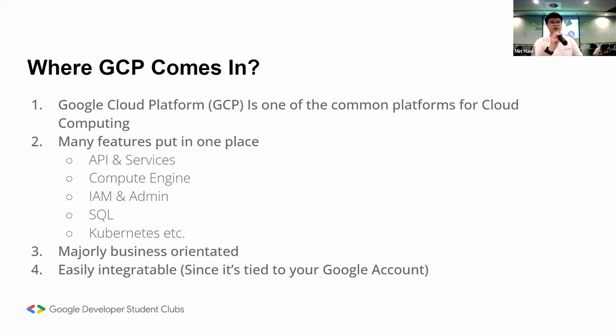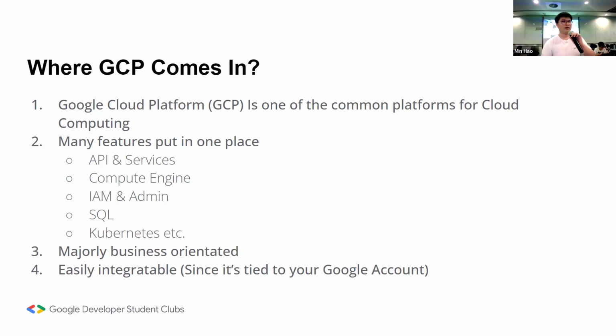GCP itself has a lot of features put in one place. The main ones could be API services, Compute Engine, IAM, so basically more on the authentication side, SQL, so data management, and also Kubernetes. So there's a lot of features when you access the cloud console. You can really see a lot of things that are available for you.